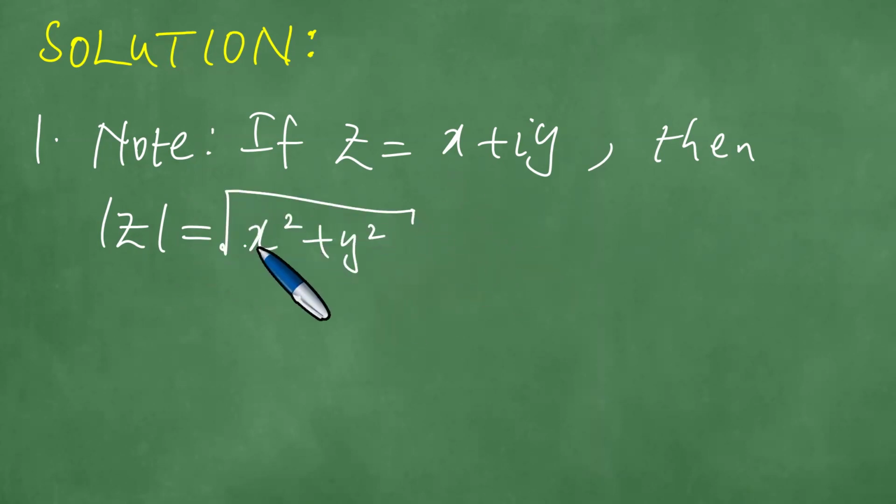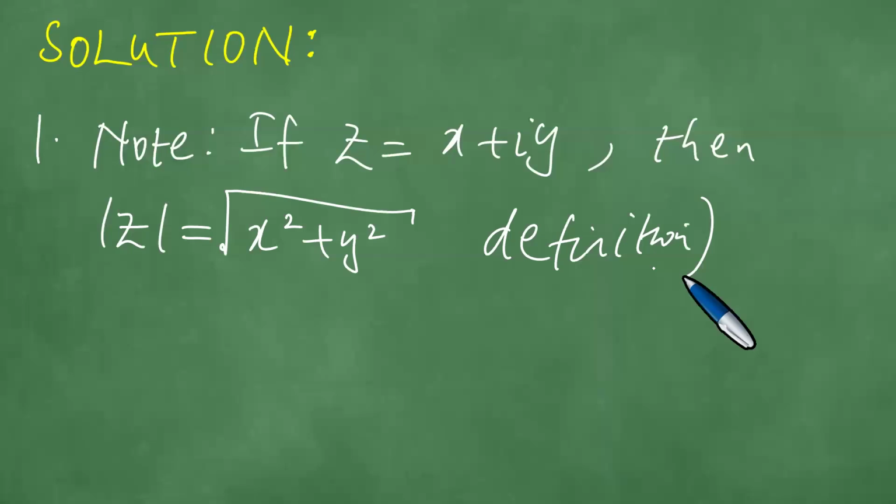And why is the modulus like this? It is the definition of the modulus. So it's nothing that we are inventing here. It is just the definition of the modulus of z, because if z is x plus iy, its modulus is the square root of x squared plus y squared. Okay, what about if we square both sides of this?